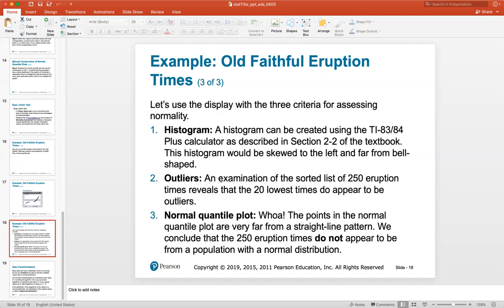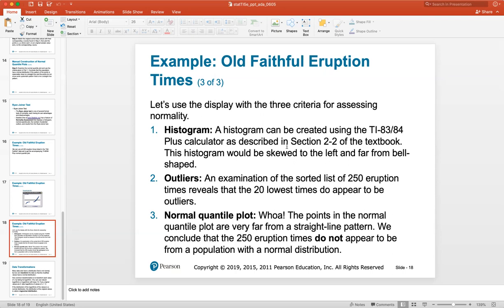Outlier examination of the sorted list of 250 eruption times revealed that the 20 lowest times appear to be outliers. I told you that you can figure out how many outliers we see by plotting a box plot with outliers. Last one, the normal quantile plot. We did that, right? We showed that.